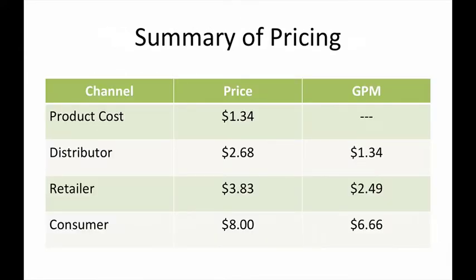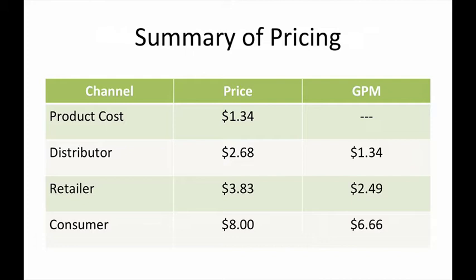So here's a summary of pricing. We started all the way back at the beginning with a product cost of $1.34. That product was then sold to a distributor for $2.68. The distributor sells that product to a retailer for $3.83, and then the consumer ends up buying it for $7 to $8, depending on the store you're in.